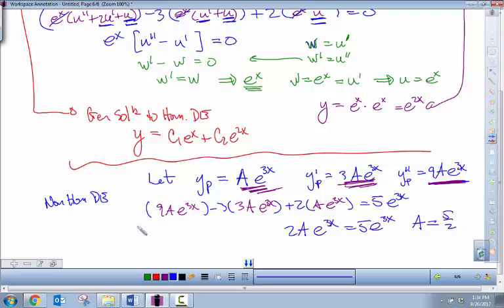It looks like our particular solution y sub p is going to be 5/2 e to the 3x.